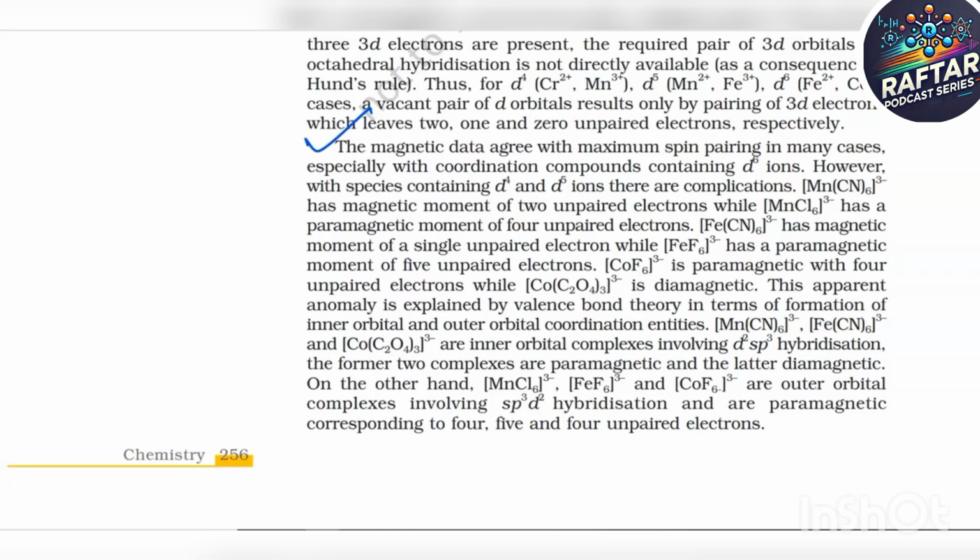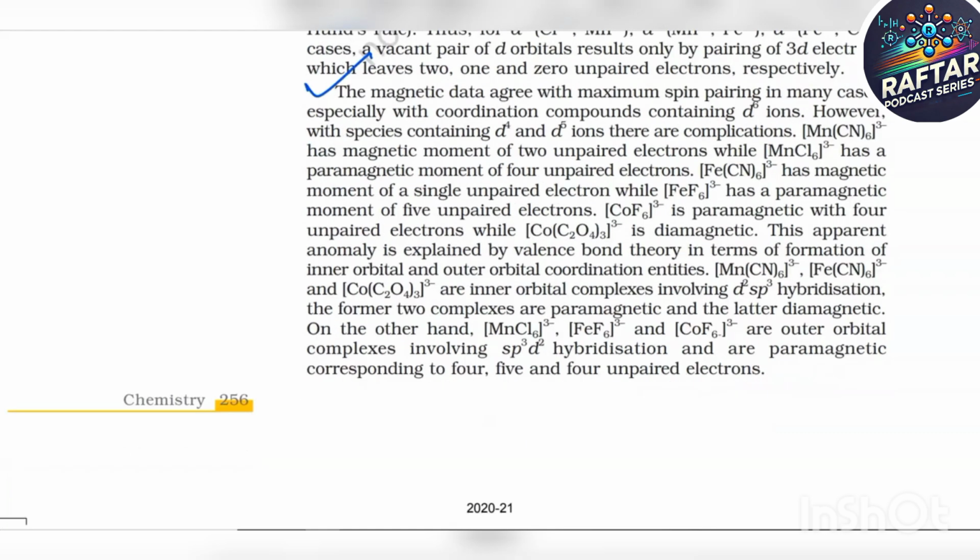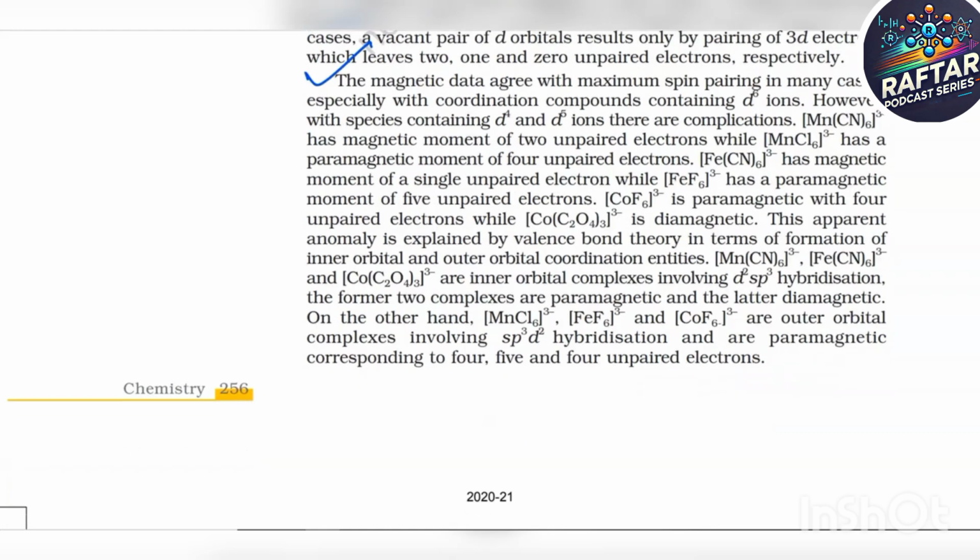[Fe(CN)6]3- has a magnetic moment of a single unpaired electron, while [FeF6]3- has a paramagnetic moment of 5 unpaired electrons. [CoF6]3- is paramagnetic with 4 unpaired electrons, while [Co(C2O4)3]3- is diamagnetic.